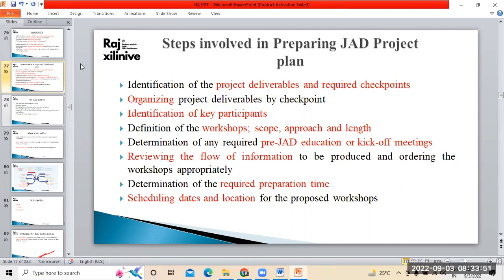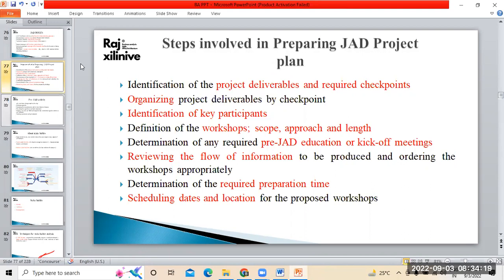Next, we need to review the flow of information. What information we have received, which information to take into account and which not. That review of the flow of information is especially required here. At the same time, we need to determine the preparation time required.